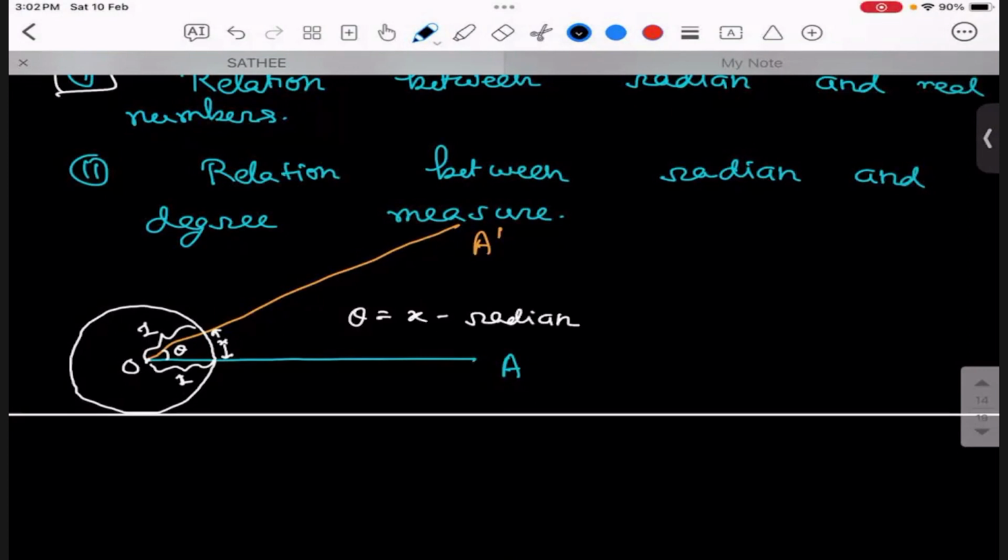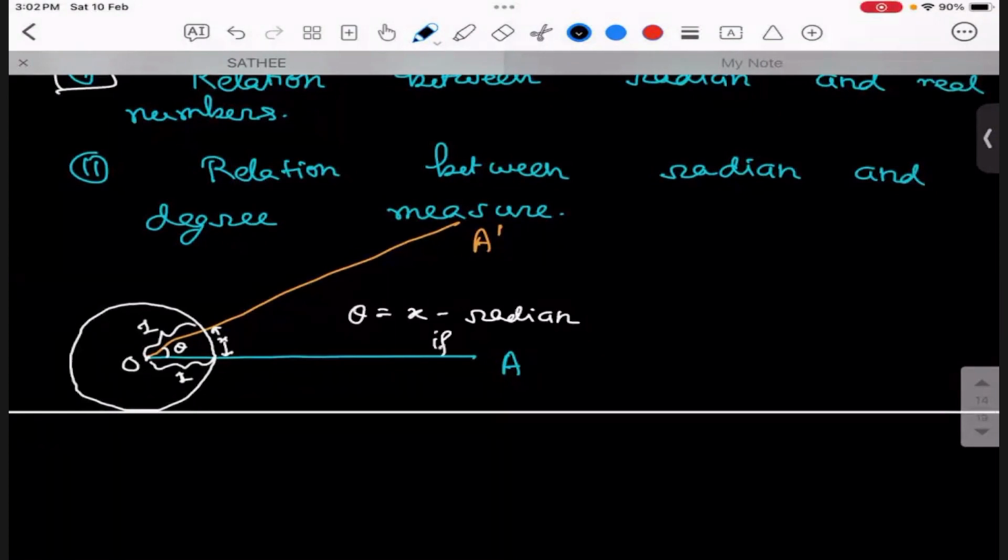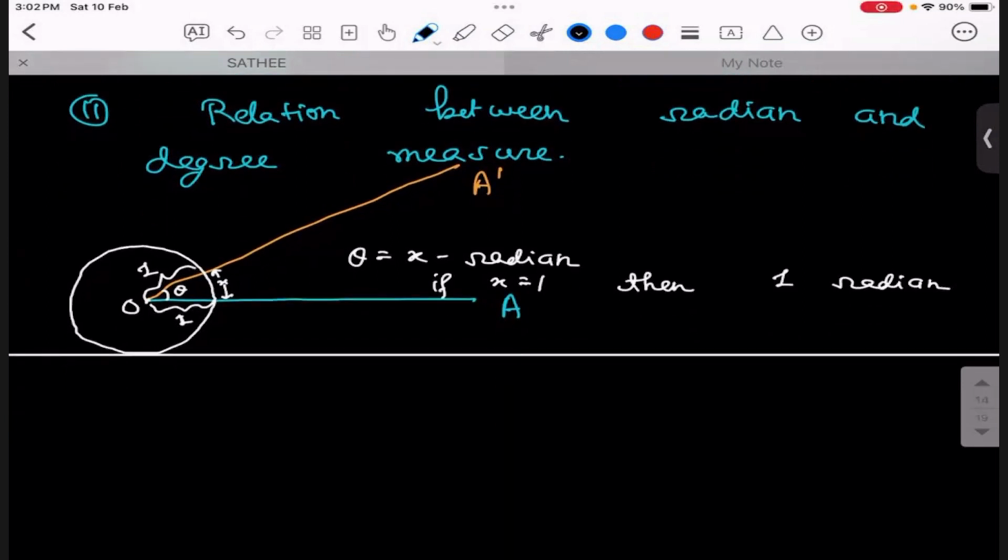If x equals 1, then that angle is called 1 radian, and other than 1, whatever it will be, that will be x radian.